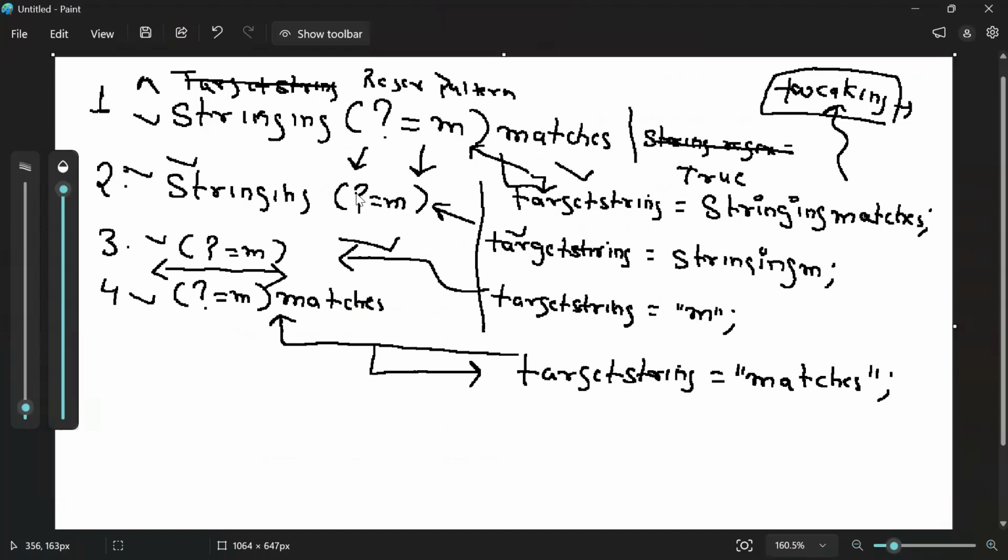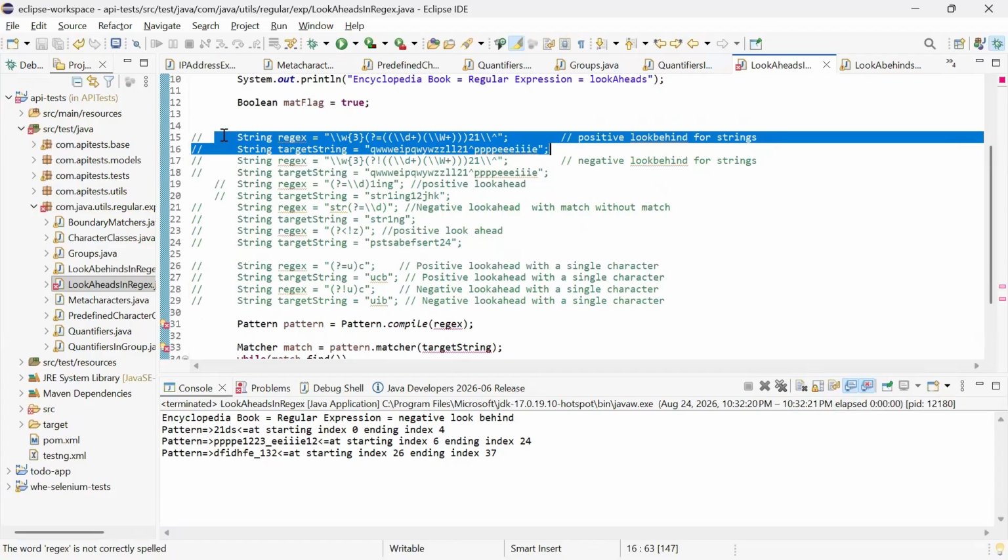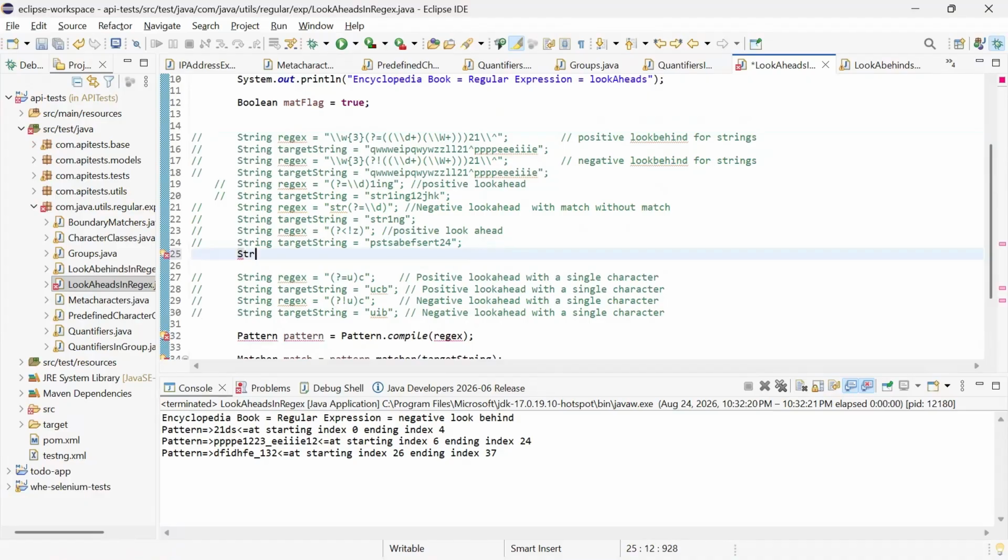So we are talking about look aheads, right? First example, let me define the regex here. I said we are looking for a positive look ahead.